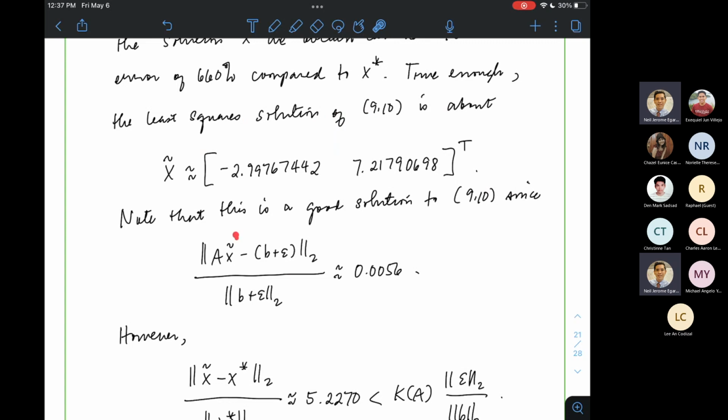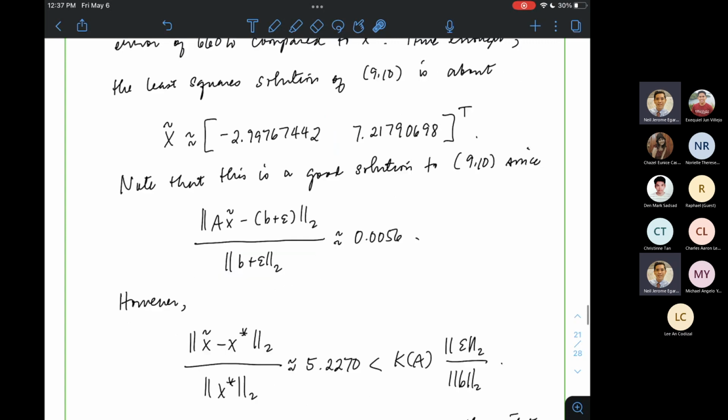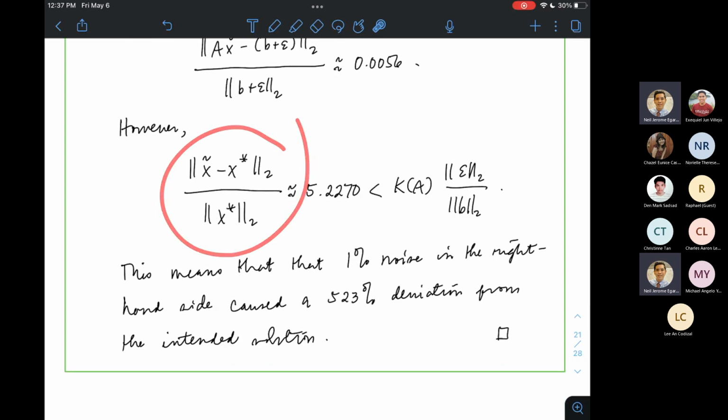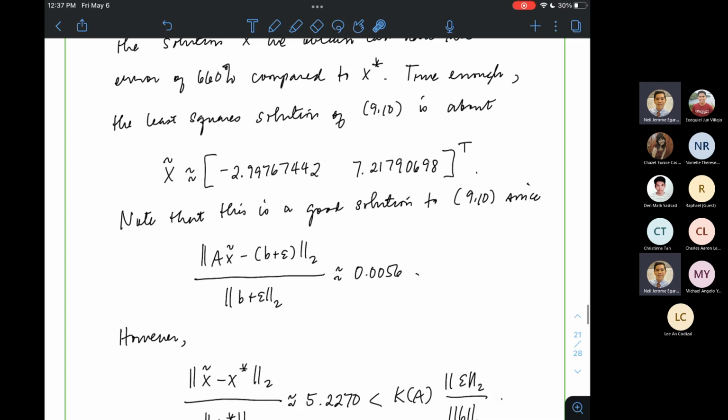Kaya lang, yung x tilde na nakuha ko dito, even if resulted into a very small residual norm, okay, napakalayo niya dun sa initial solution na nakuha natin. Dun sa walang epsilon o dun sa walang noise, ang nakuha natin ay 1,1. Pero dito sa may noise na 1% lamang, negative 3, around 7.2 yung nakuha nating solution.